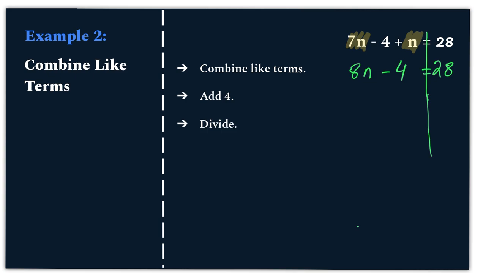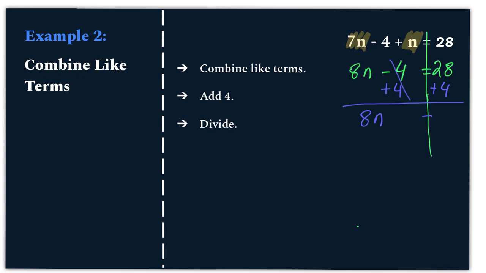Our next step is to start isolating our variable by using inverse operations. So our inverse operation will be adding 4 to both sides. Okay, 8n comes down. Negative 4 plus 4 equals 0.